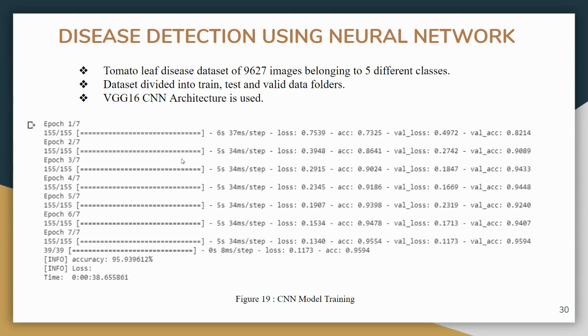We can see from this model training image that after 7 epochs, the model is trained. So we have used 7 epochs for training this model. The time taken for training the model is very small, because we have already converted the image dataset into a NumPy array before training the model.